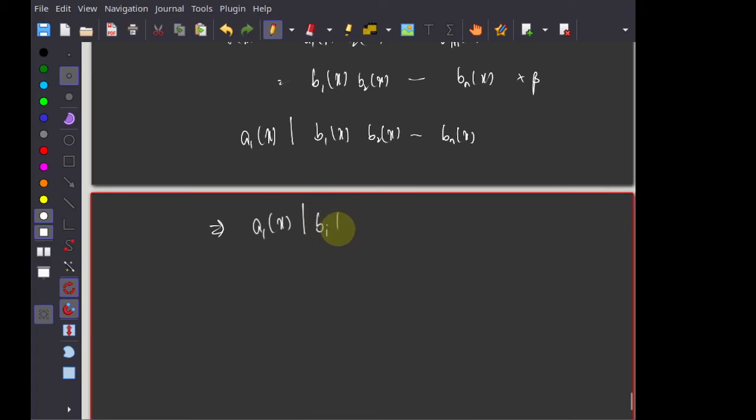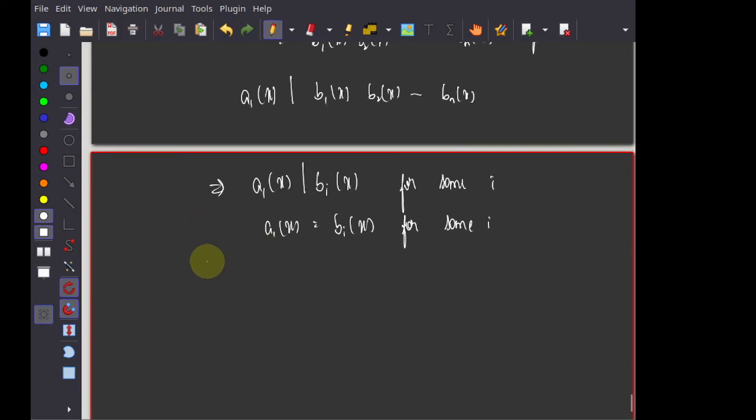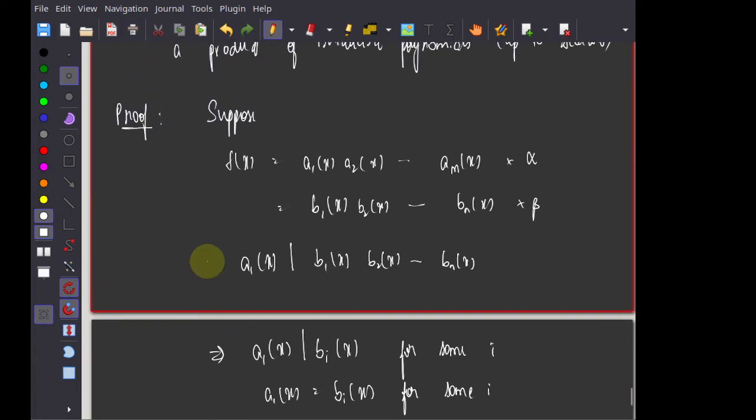So a1(x) divides bi(x) for some i. In fact, a1(x) should be equal to bi(x).